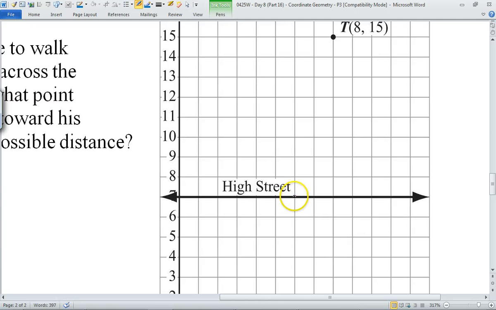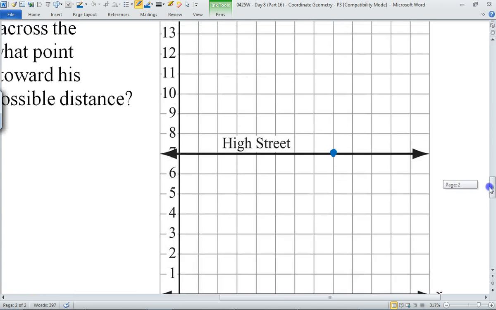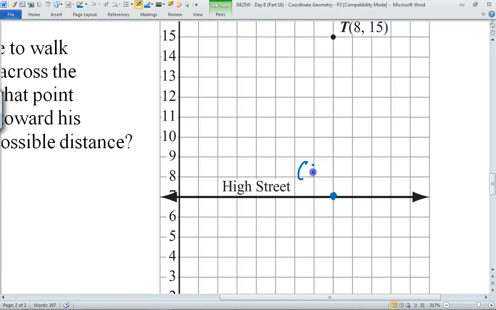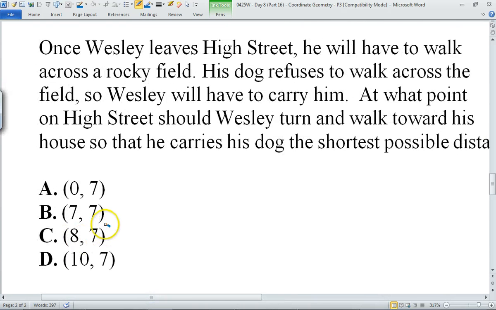Is it here? Or y'all probably can't see it. Is it here? No. Is it here? No. Is it here? Yes. This is the spot where he's going to have to turn and start heading home. Is this one multiple choice? Yeah, okay, so that's why the answer to that one was C. Yes, muy fácil.